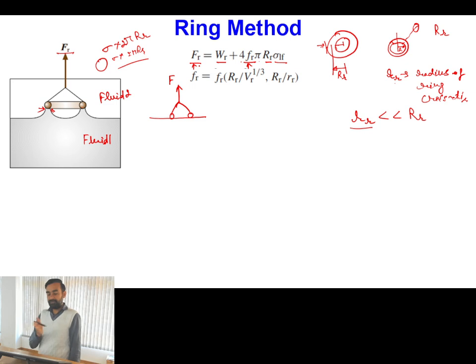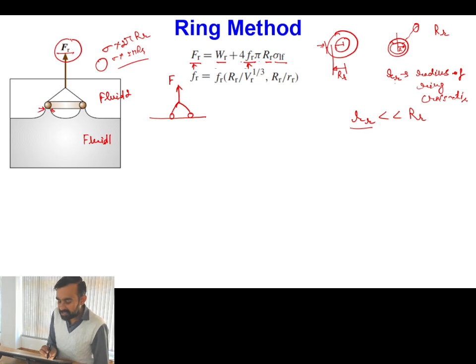Typically, if you have to use ring-based methods, we have to devise transducer-based mechanisms in order to measure this amount of force. If we know this force through external mechanisms, and if I know the weight of the ring I am using, then ultimately by using this formula I can calculate the value of sigma.